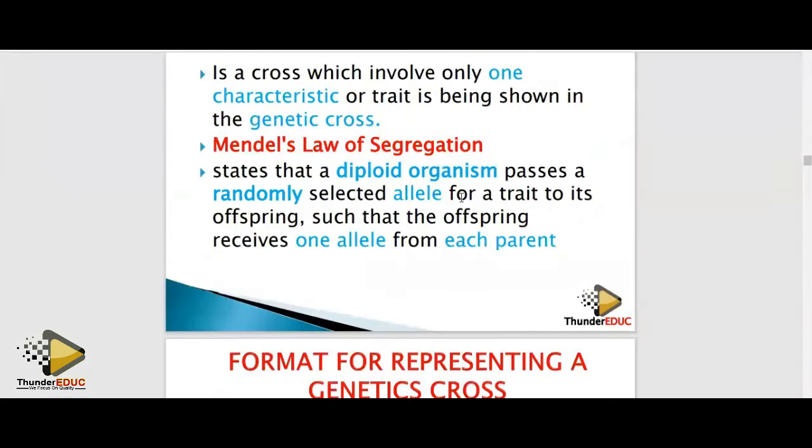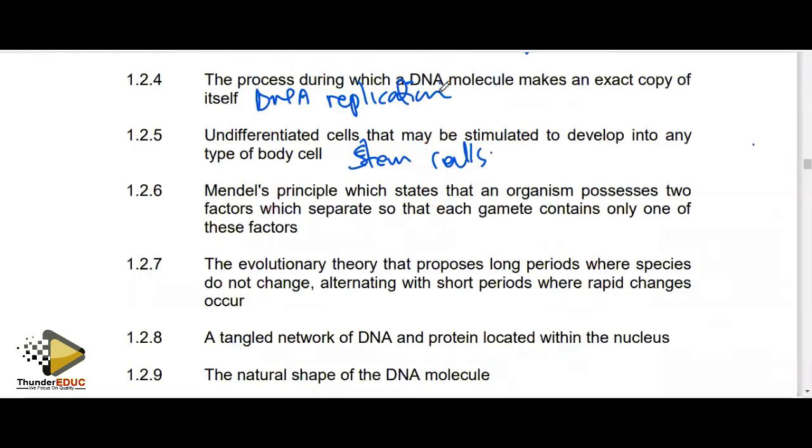The diploid organism passes alleles randomly. We don't know which one it is, but it happens randomly. How do you pass this? We pass them through gametes, such that the offspring receives one allele from each parent. So this is Mendel's law or principle of segregation, and our answer comes back to it.